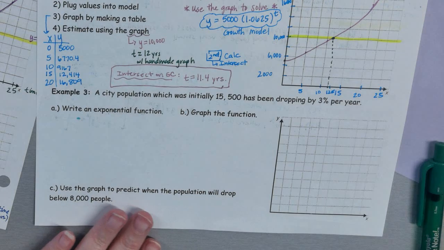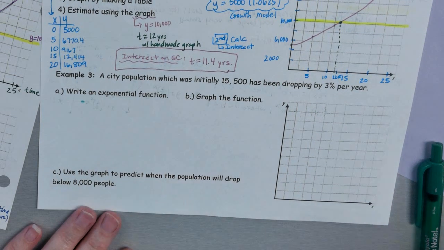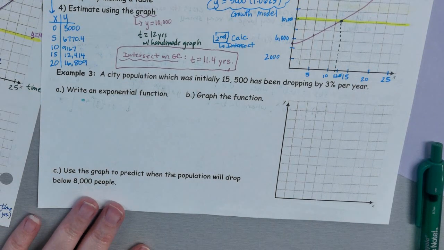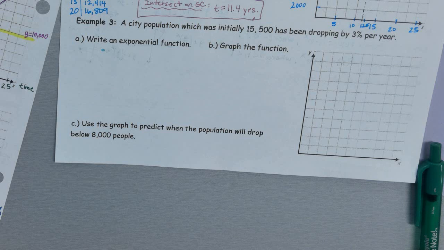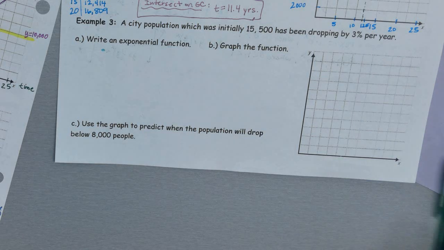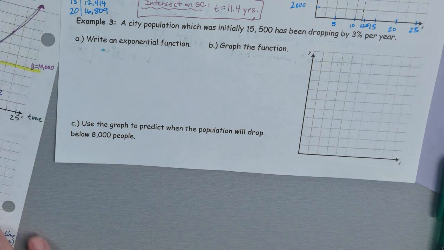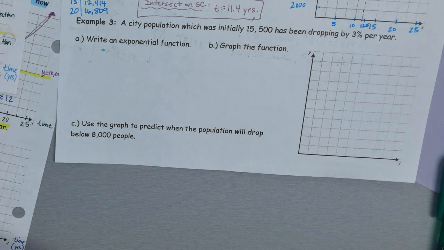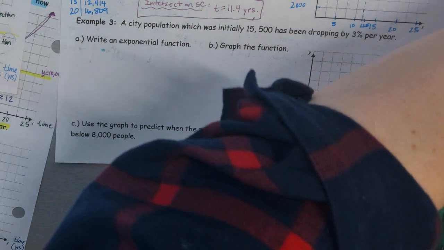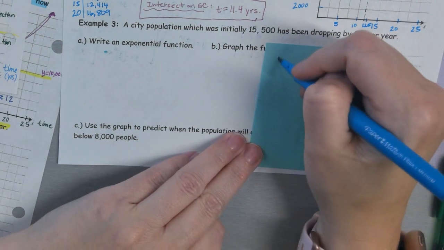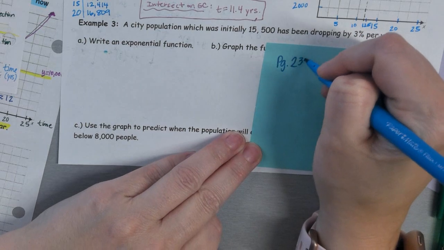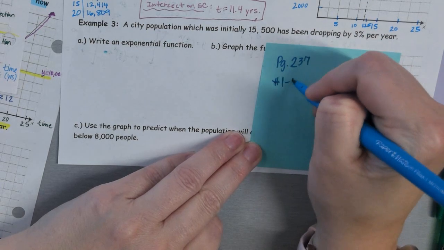Okay? All right, so we're going to do example 3 as our warm up tomorrow, and then your homework is page 237, and it's numbers 1 through 11.